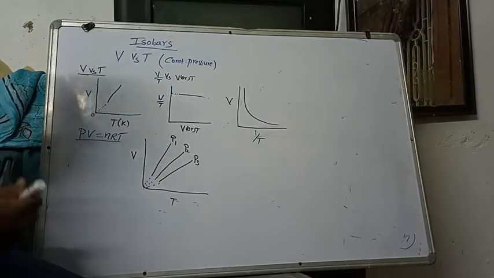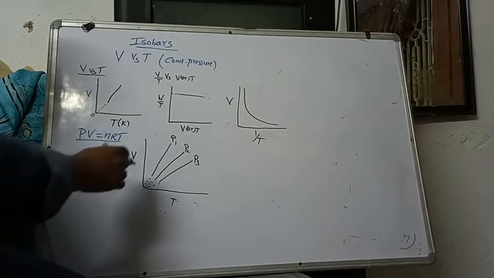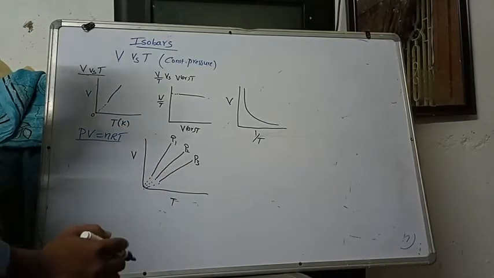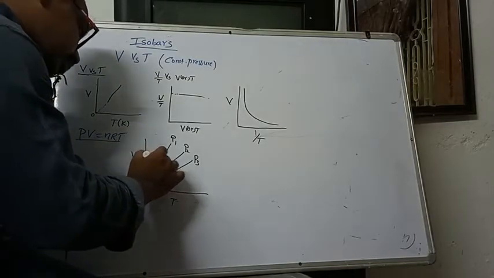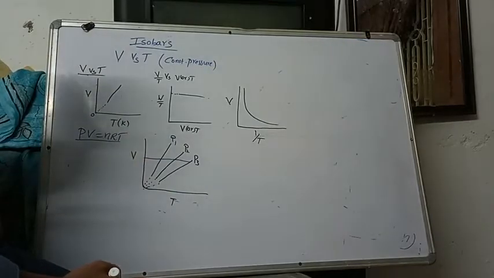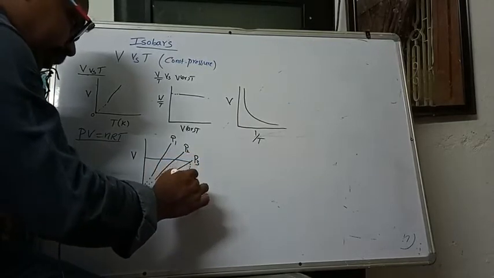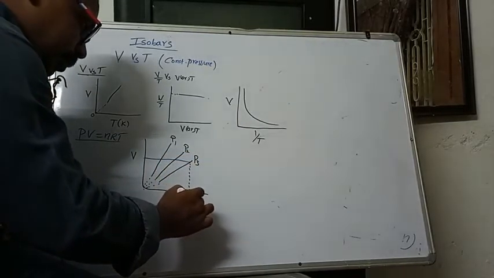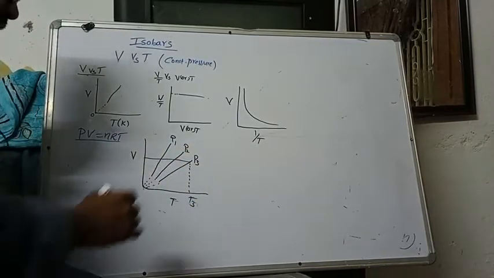Now see here, if you keep the volume constant, that means volume is not changing but temperature is changing. This point we take as T3, because the pressure corresponds to T3.